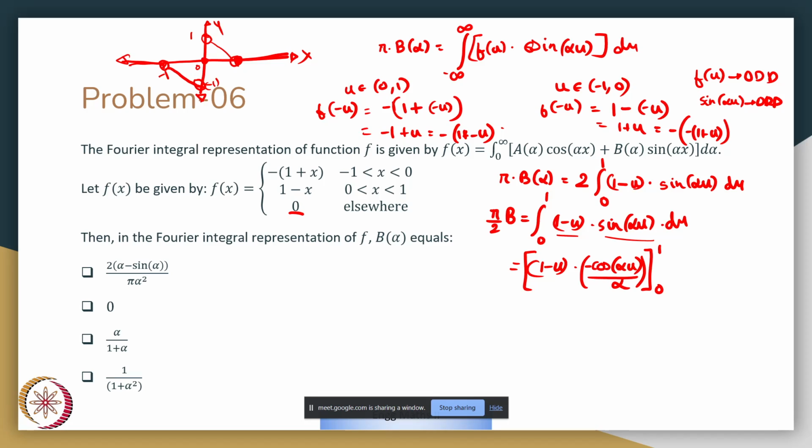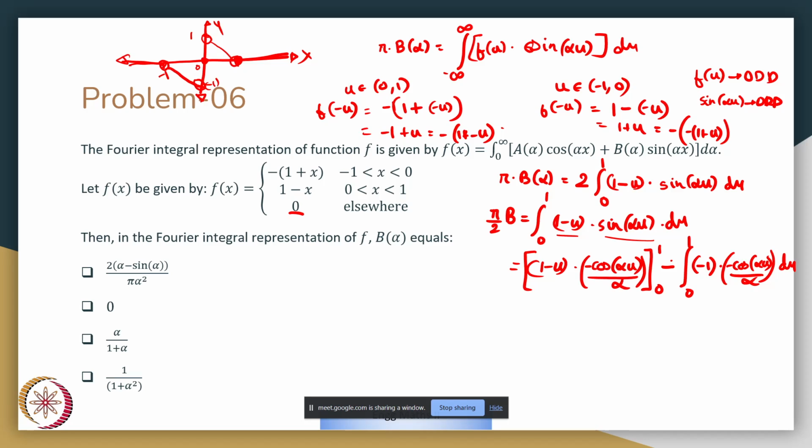And the other term that we would have is minus integral 0 to 1 of the differentiation of 1 minus u, which is minus 1, times this integrated term, which is minus cos of alpha u by alpha, du.